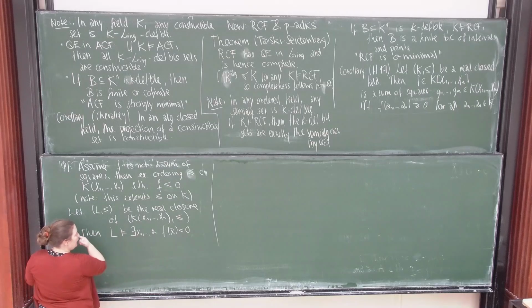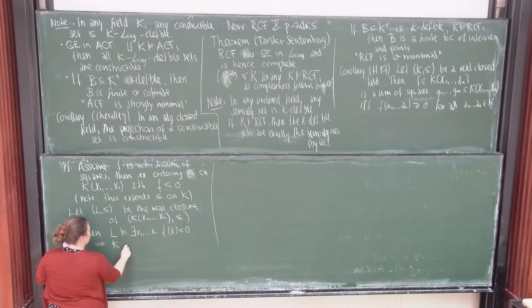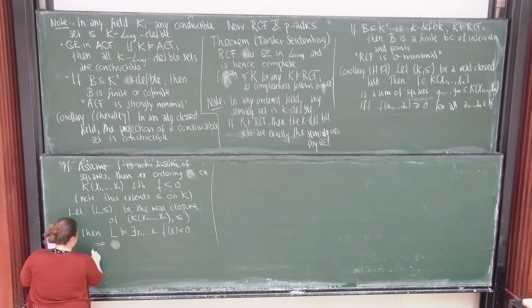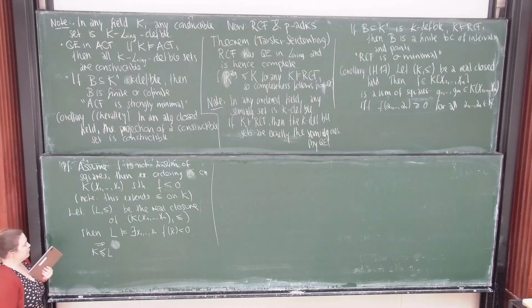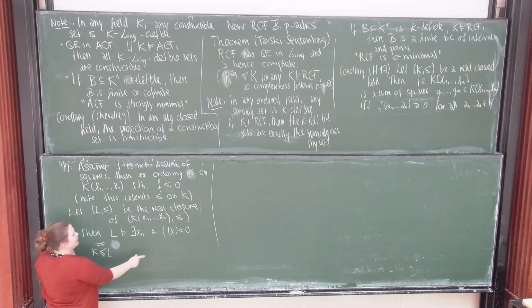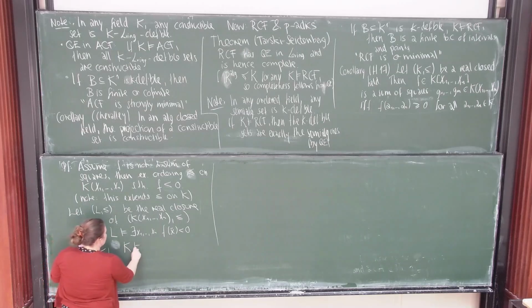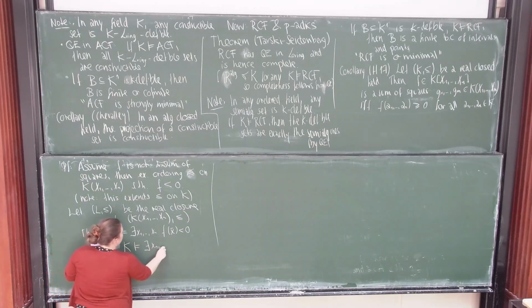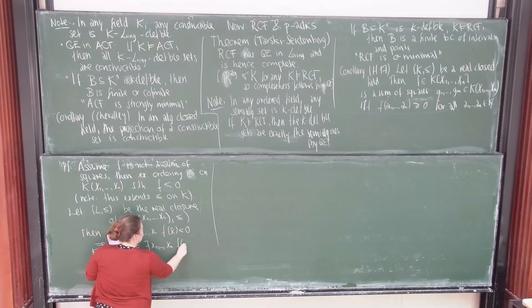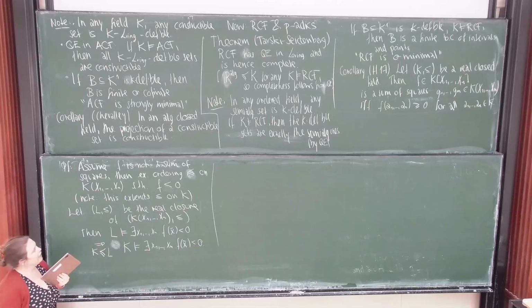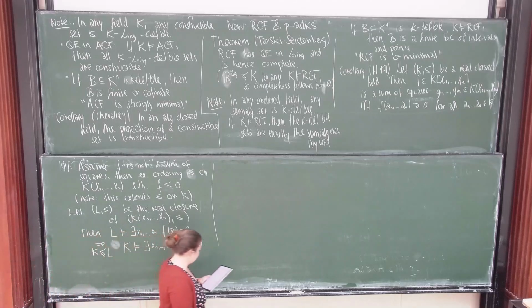So by quantifier elimination, the same must hold in K. K is a substructure of L, and so it's an elementary substructure of L, and this is a statement about K, so with coefficients from K. So f is not positive semi-definite.